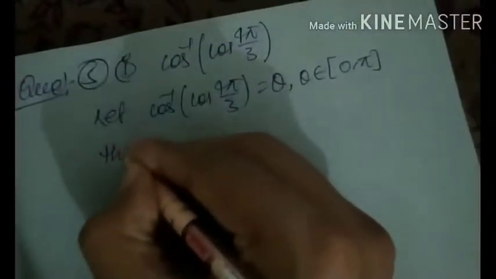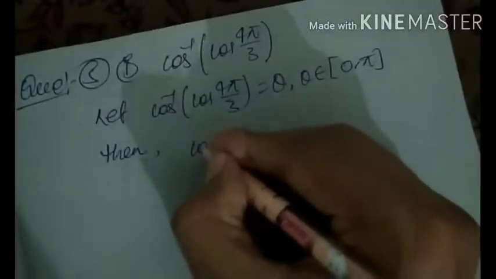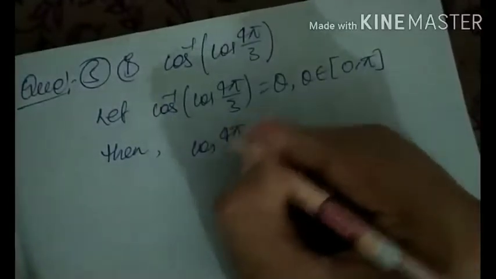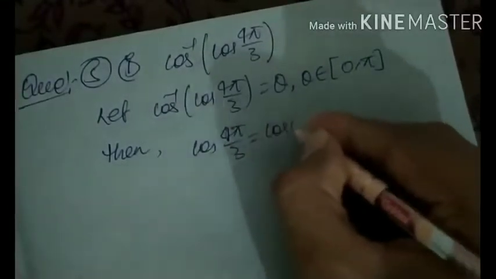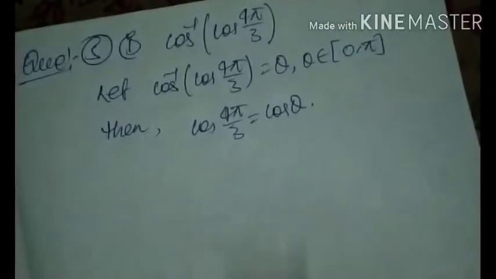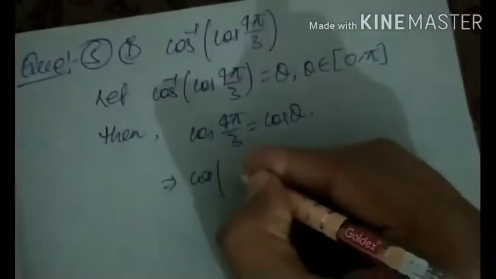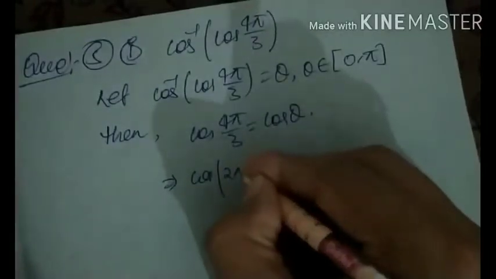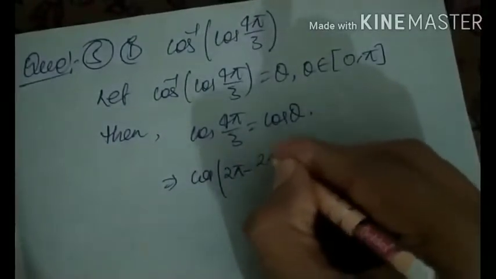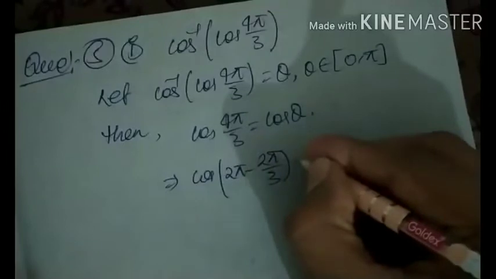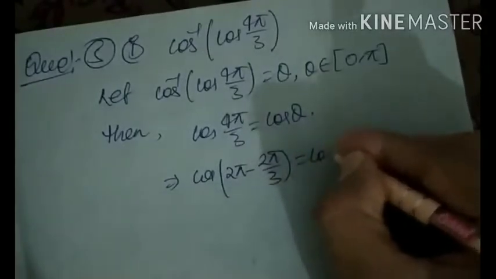Then we can write cos 4 pi by 3 is equals to cos theta, and this implies that cos of 2 pi minus 2 pi by 3 is equals to cos theta.